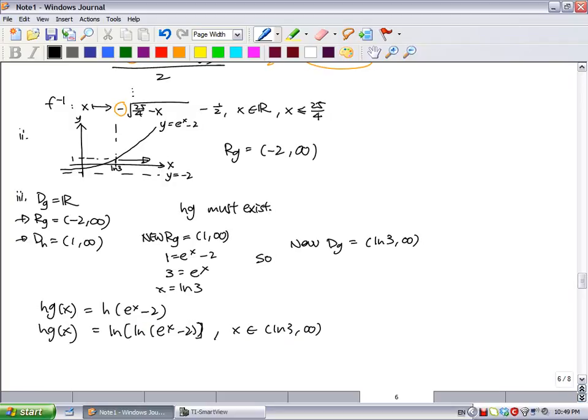If they had said define hg in a singular form, then we would have needed to write hg such that x is mapped to ln of ln of e to the power of x minus 2, where x needs to be in the set of real numbers, and x just needs to be greater than ln 3.